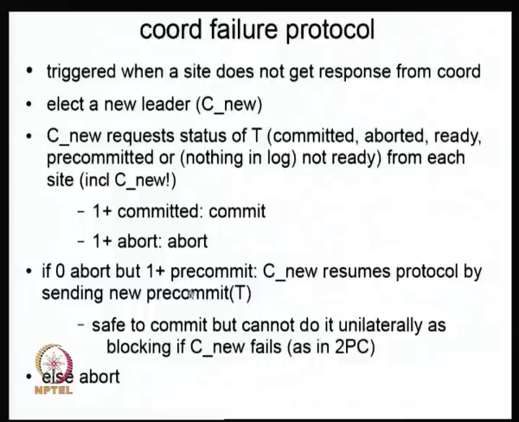Now the reason why you need to do this is because if you don't do this pre-commit, then you can get into the blocking situation if CNew fails. Okay. So for this reason, you actually restart from the pre-commit phase, and then try to make sure it proceeds. Okay.